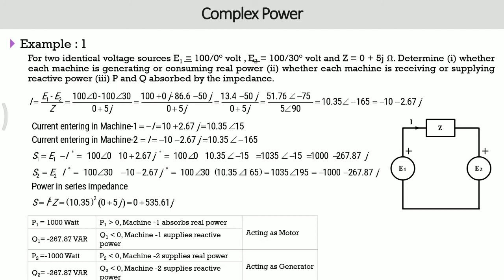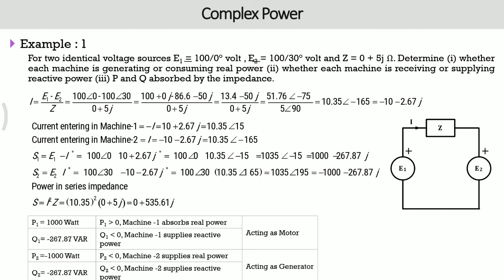We got Q1 negative, which means that machine 1 supplies the reactive power. So real power is absorbed and reactive power is supplied. It means that this machine is a type of motor.